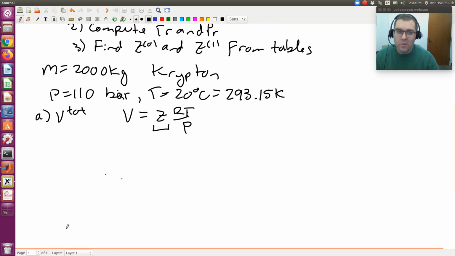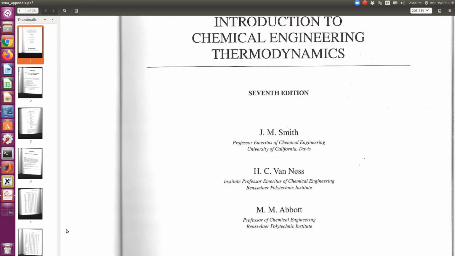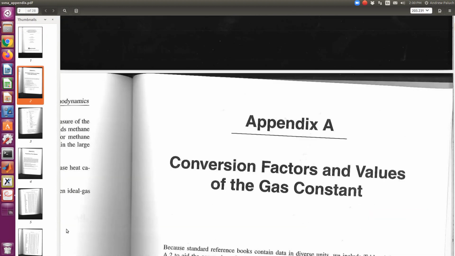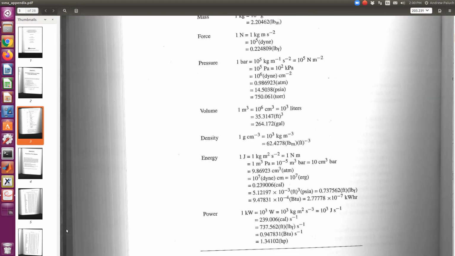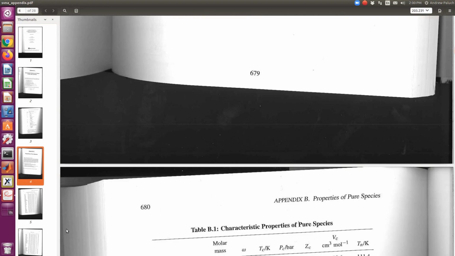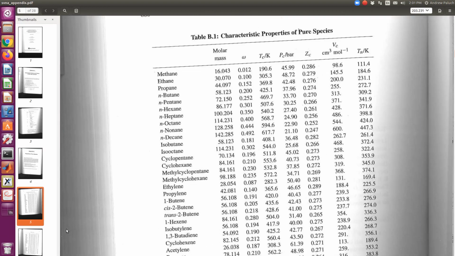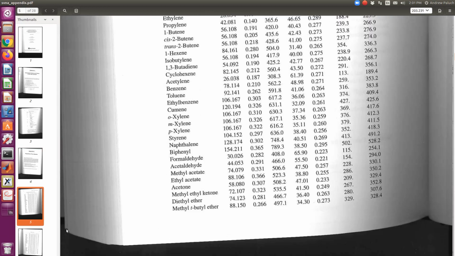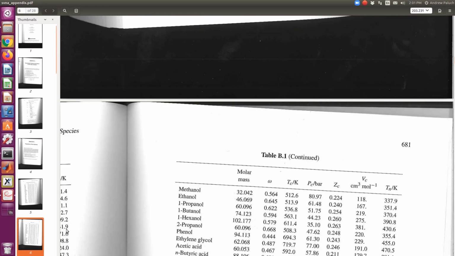So I need to go to my appendix, and I'll just use this appendix so I can get everything from here for convenience. I'm looking for krypton. Here's krypton.